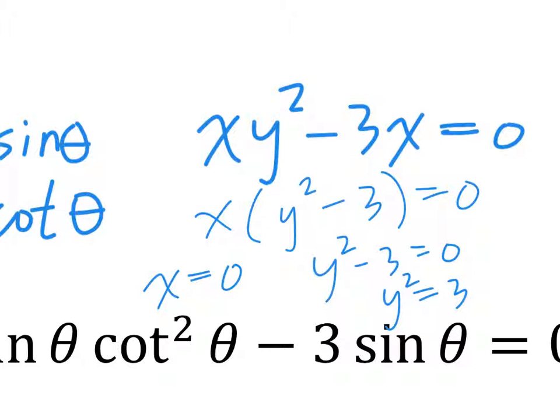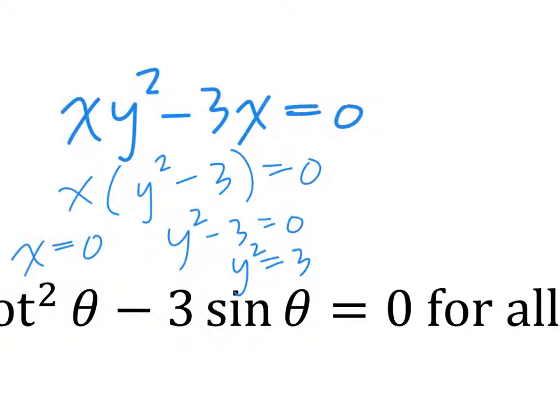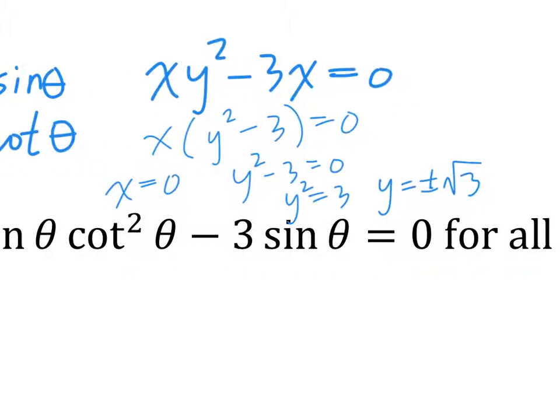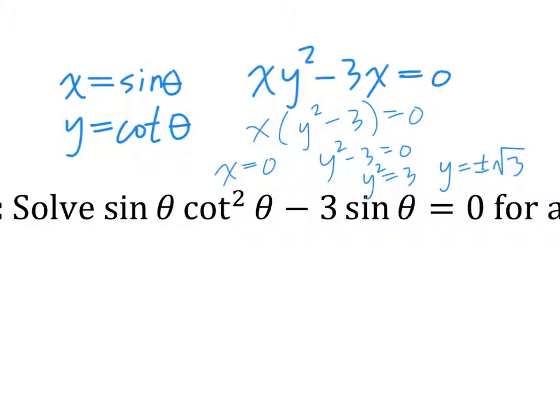And then? Square root. Now when you square root, you have what? Plus minus. Good, make sure you have plus minus. At this point, you can substitute back. You know that x is sine, y is cotangent. So we can say that sine is 0, and cotangent is plus minus square root 3.